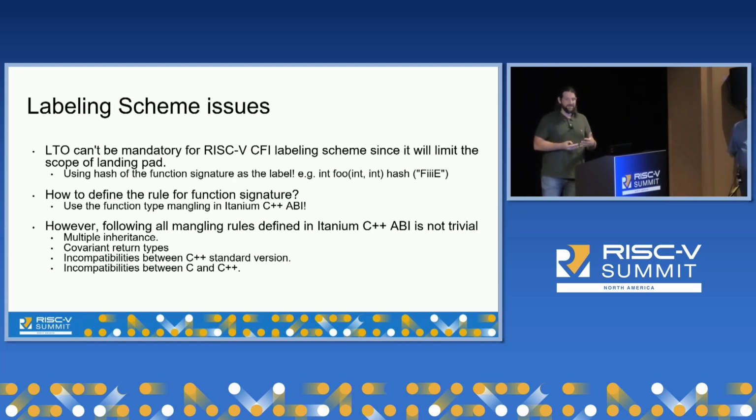So some simplifications in the mangling rules were required in order to support multiple inheritance, covariant return types, and all the inheritance-related stuff in C++. Then you have different rules in different C++ standard versions.